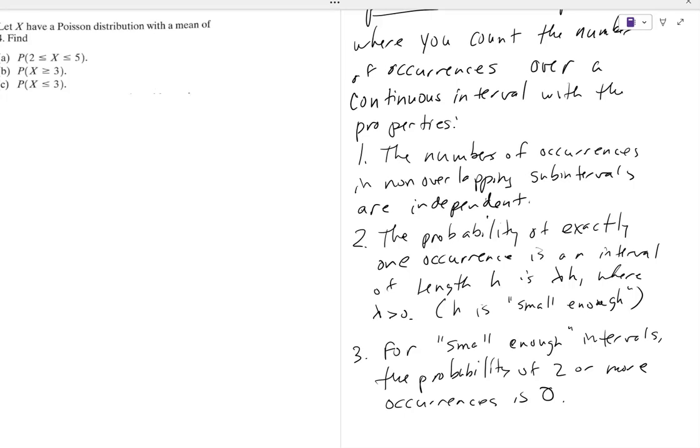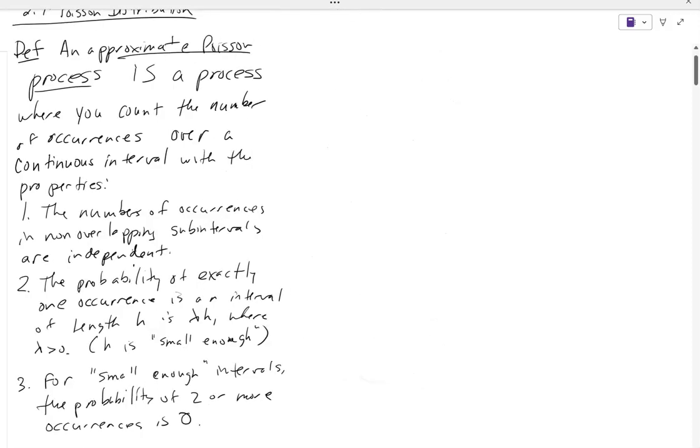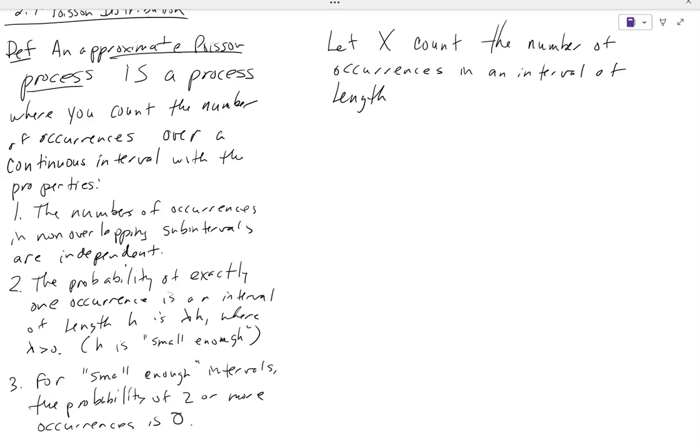All right. So what we're going to do is we're going to let x count something again. This is a discrete random variable. It's going to count something. We're going to let x count the number of occurrences in some fixed interval. Now, we're going to just say that this interval has length 1, a unit interval.